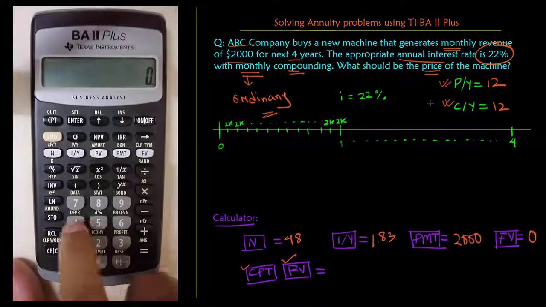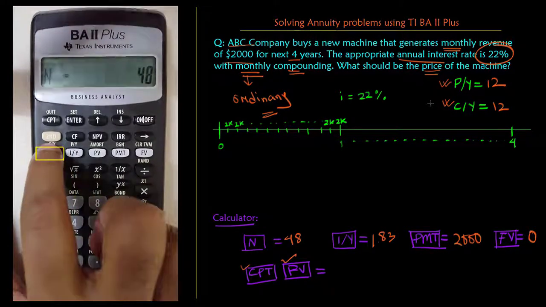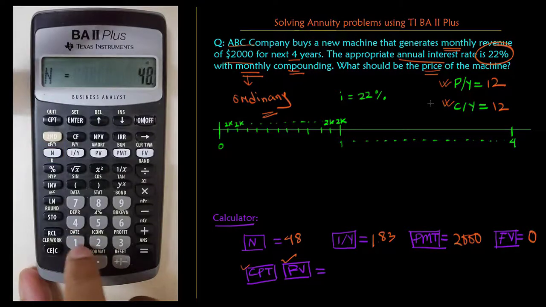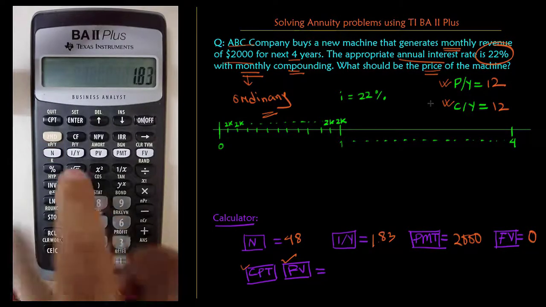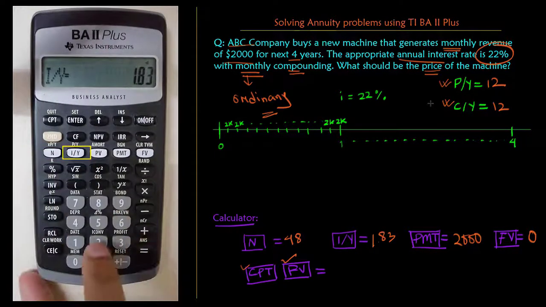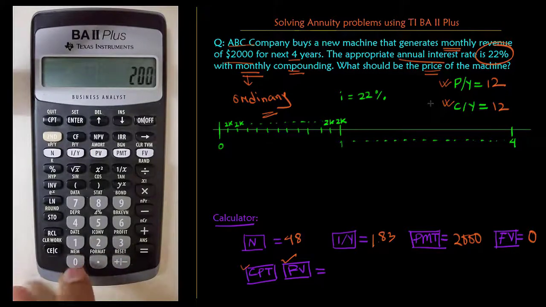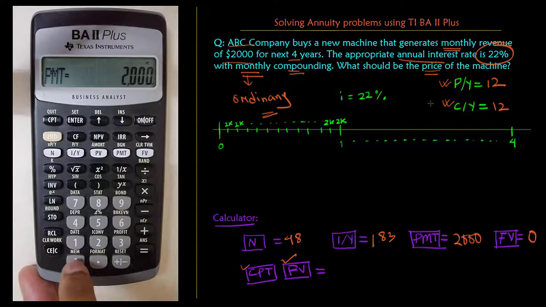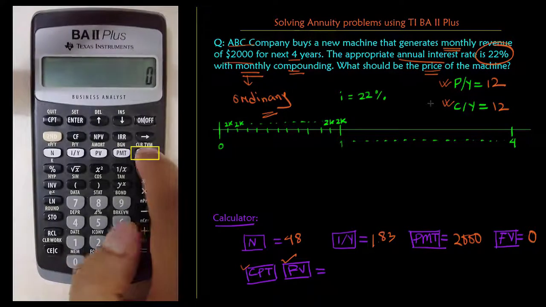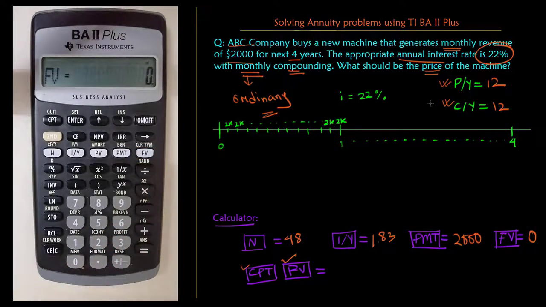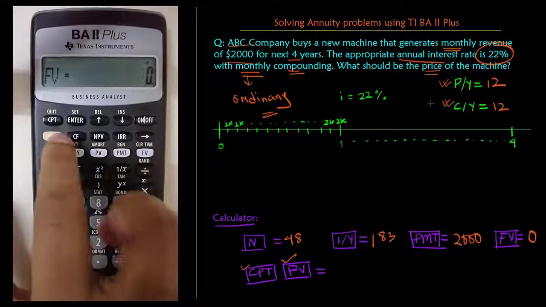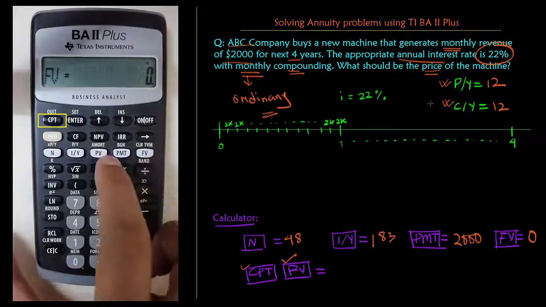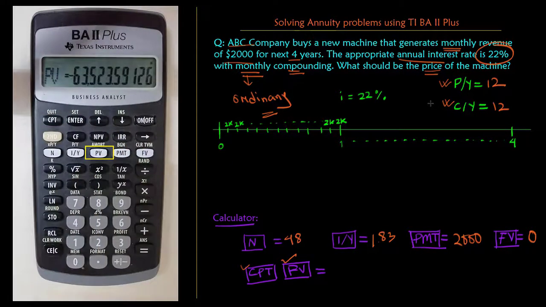So let's put 48 in N, then put 1.83 as our interest rate, then put 2000 as our payment, then press 0 and then press FV to set the future value to 0, and finally press compute, then press PV to calculate the present value of this annuity.